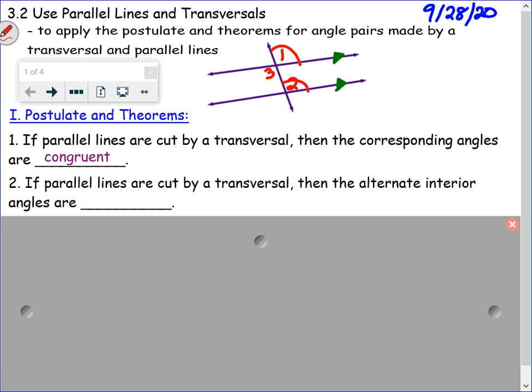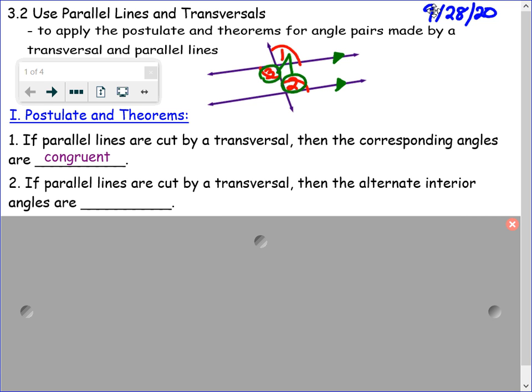I also know that angles 1 and 3 are congruent because they're vertical angles. So if two angles are congruent to the same angle, that makes them congruent. So I've now proven the theorem, which is sentence number 2.